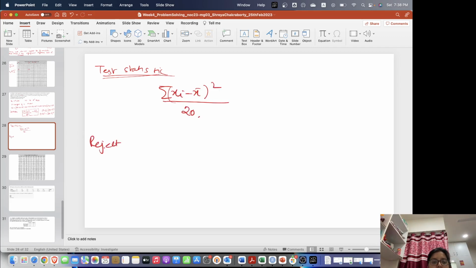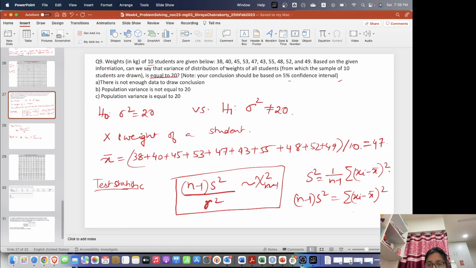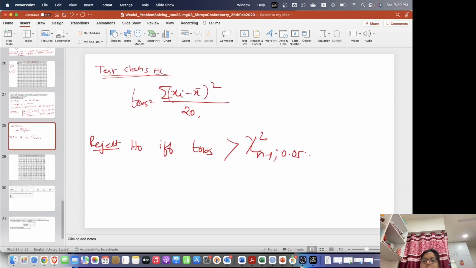And the rejection rule will be, we'll reject h naught if and only if t observed is greater than chi-square n minus 1 0.05. Under h naught sigma square is replaced by 20, so that would also follow a chi-square n minus 1, and if it is more extreme than this cutoff, then we are going to reject h naught.